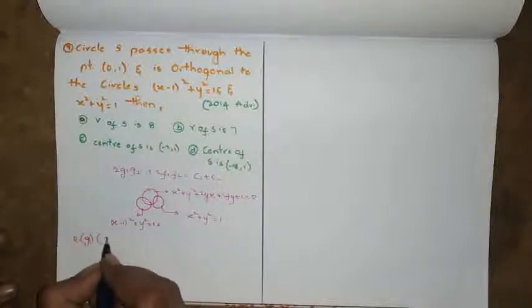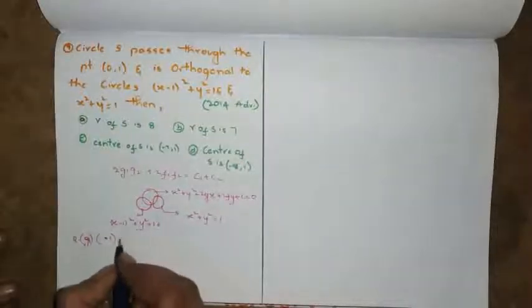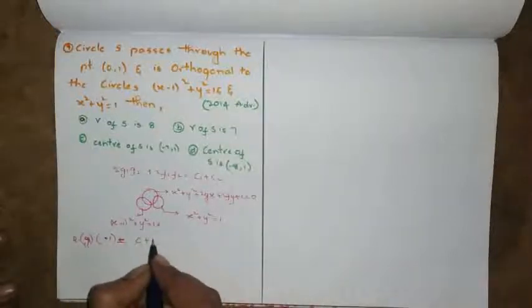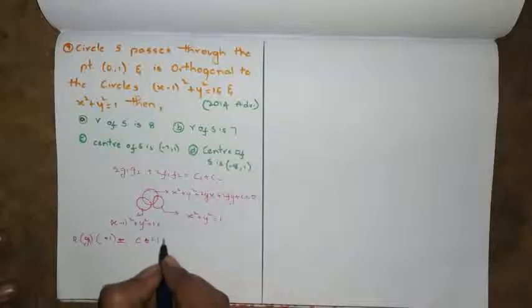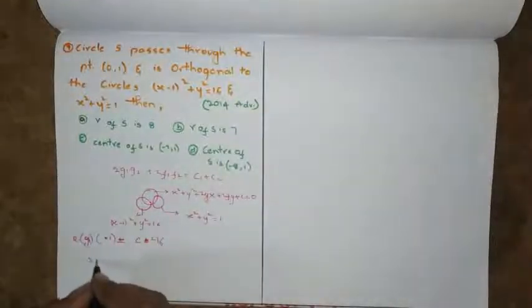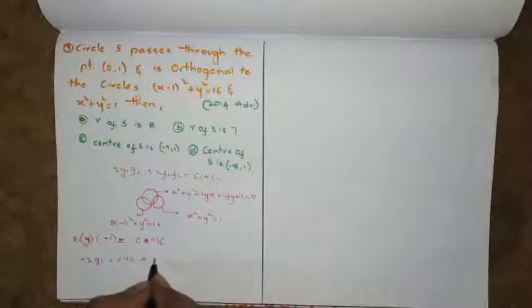And it is minus 1 plus f1, f2 is 0, so no need to take that. And c1, c plus minus 16. Okay, it will become minus c minus 16. Minus 2g1 is c minus 16. This is equation 1.